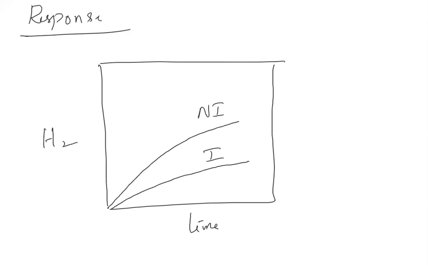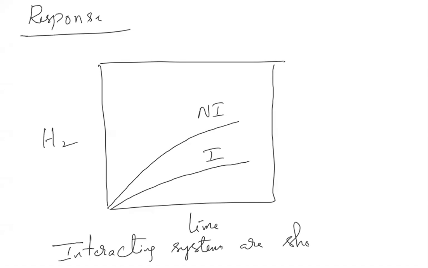So interacting systems are slower. Interacting systems are slow, because of the effects, because of the sluggishness in the system.